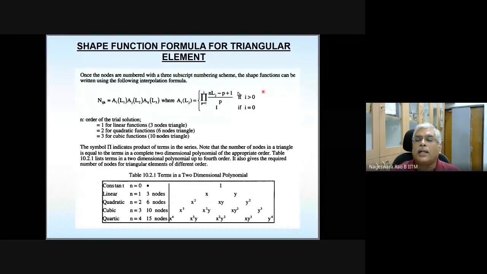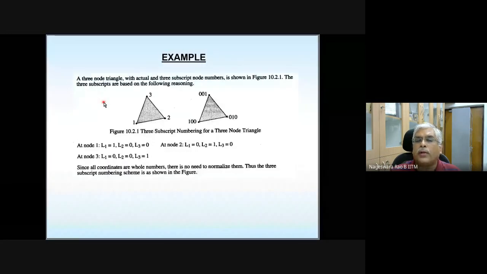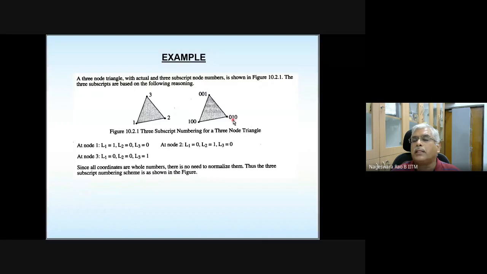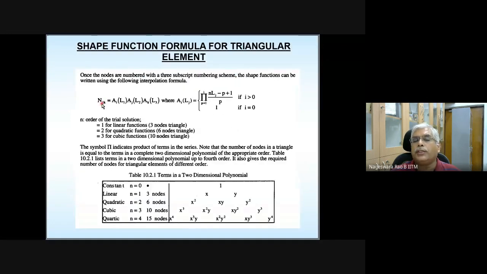And if you want to try, you can try the second node for this 3-node triangular element. The labeling of L1, L2, L3 is 0, 1, 0. So substitute that here, 0, 1, 0. So I takes value 0. So this is going to be A0, L1, A0, L3. So these two terms are going to be 1.